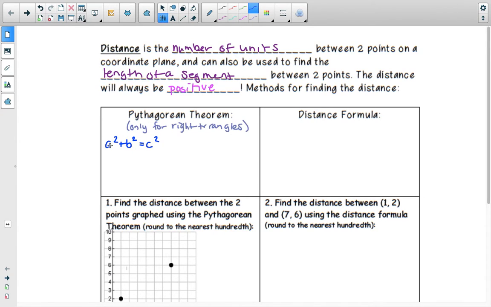But what this really means is leg squared plus leg squared is equal to hypotenuse squared. So c is called your hypotenuse. The hypotenuse is the longest side. This is also the side opposite the right angle.